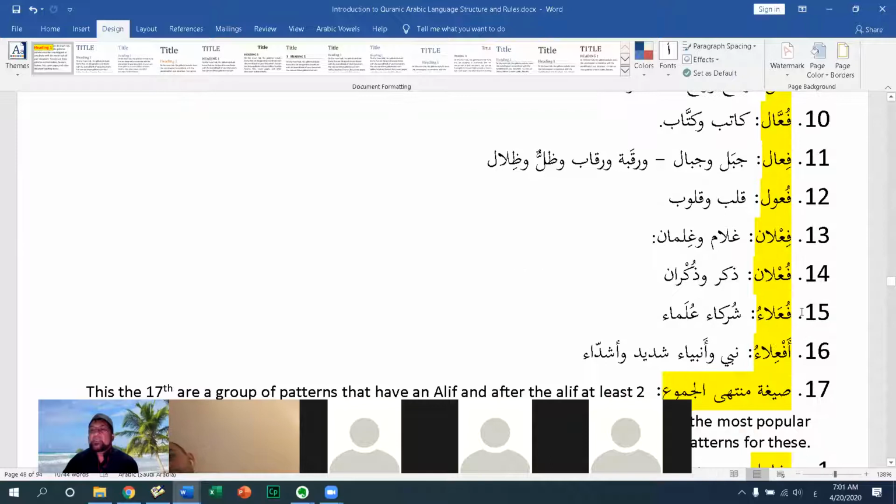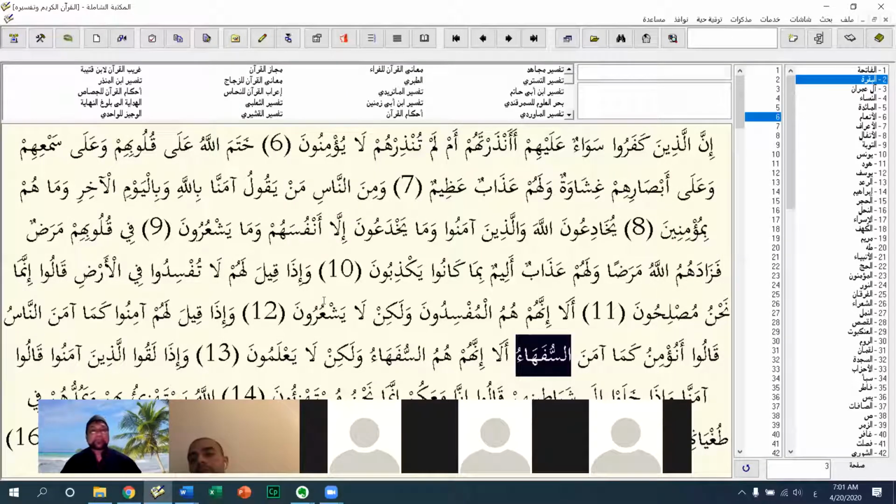This is this pattern here. Shuraka, sharikun, shuraka, alimun, ulama, safihun, sufaha. So how do we know that? You just memorize it, you just learn it. Safihun, sufaha. Like that.